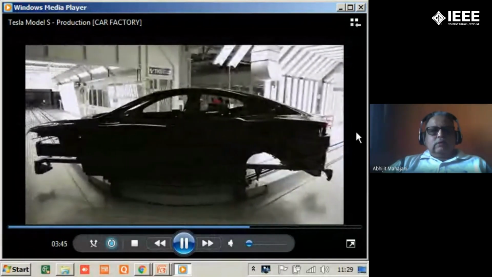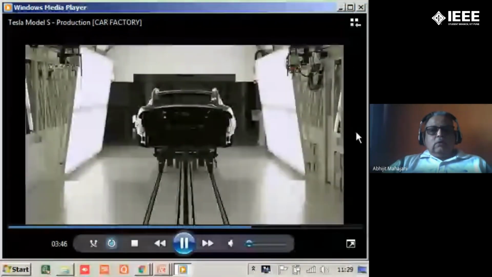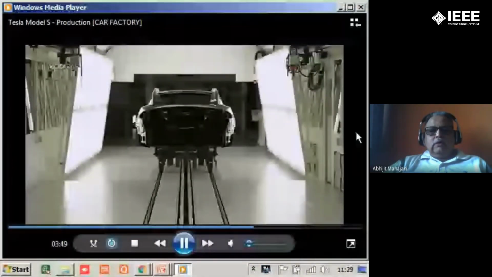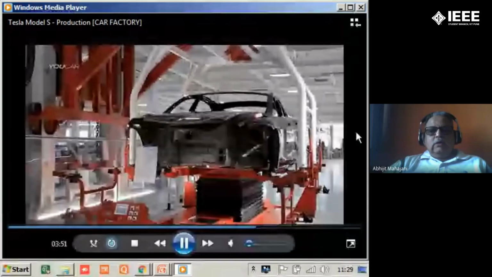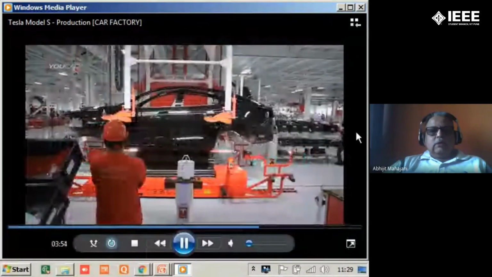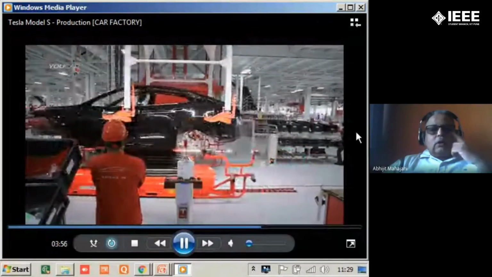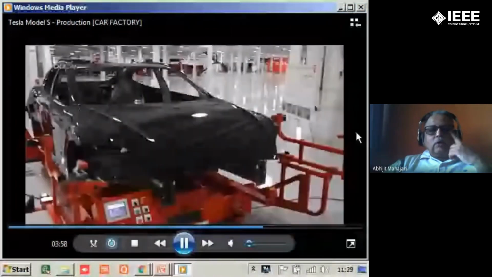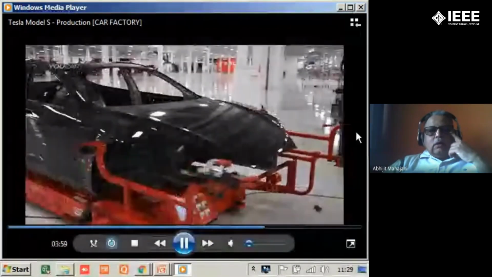Then it goes for final assembly. Here you will find batteries, wheels, controllers, seats, and all that getting loaded automatically. Only a few components are added manually.